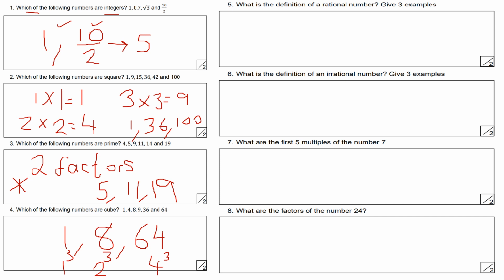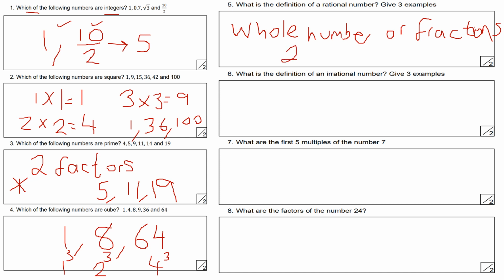Okay, question number 5. What's the definition of a rational number? Give 3 examples. So it's either a whole number or a number that can be expressed as a fraction. So examples include the whole number 2, that's rational.